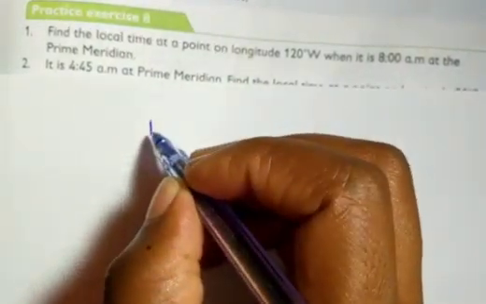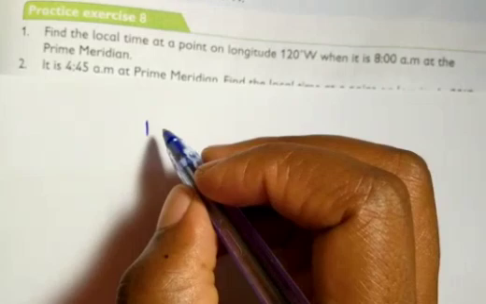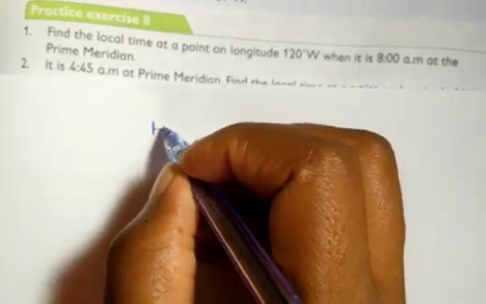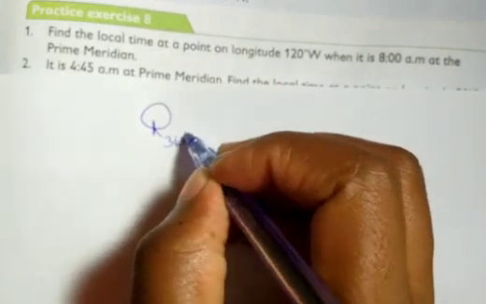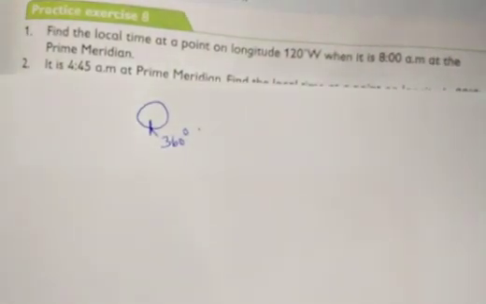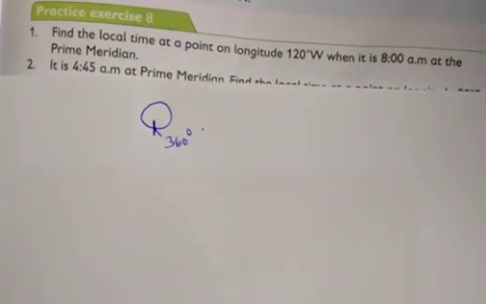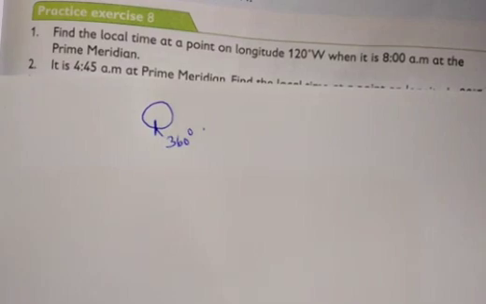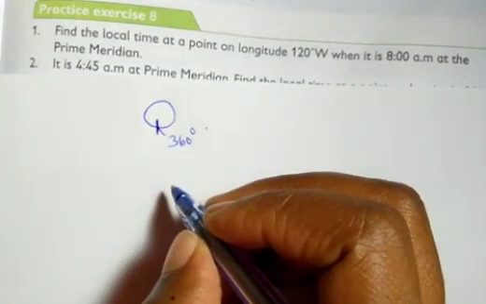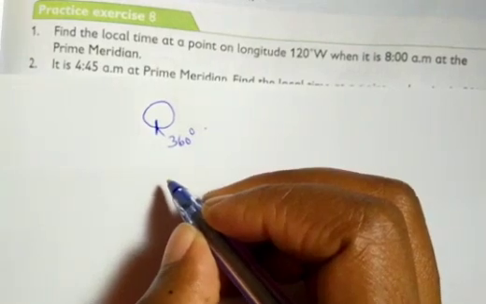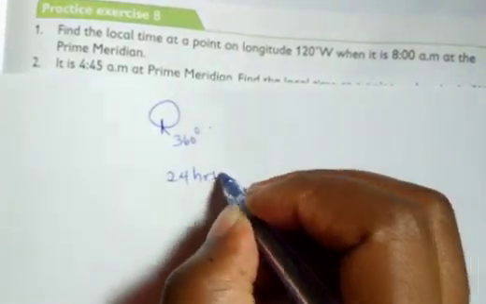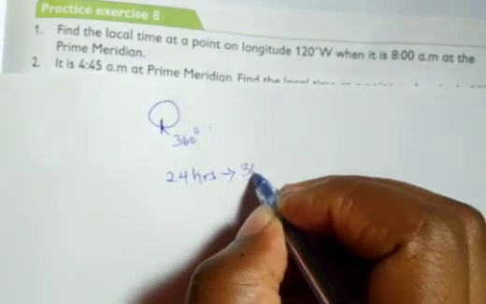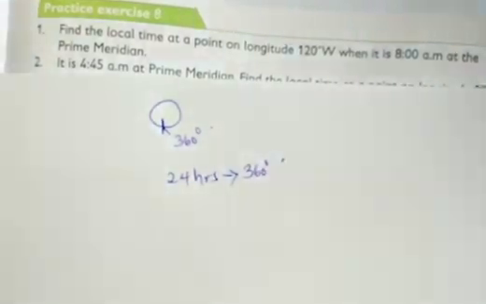We know that for the Earth to make a complete rotation, it rotates 360 degrees, and it takes 24 hours to rotate 360 degrees. So in 24 hours the Earth rotates 360 degrees.